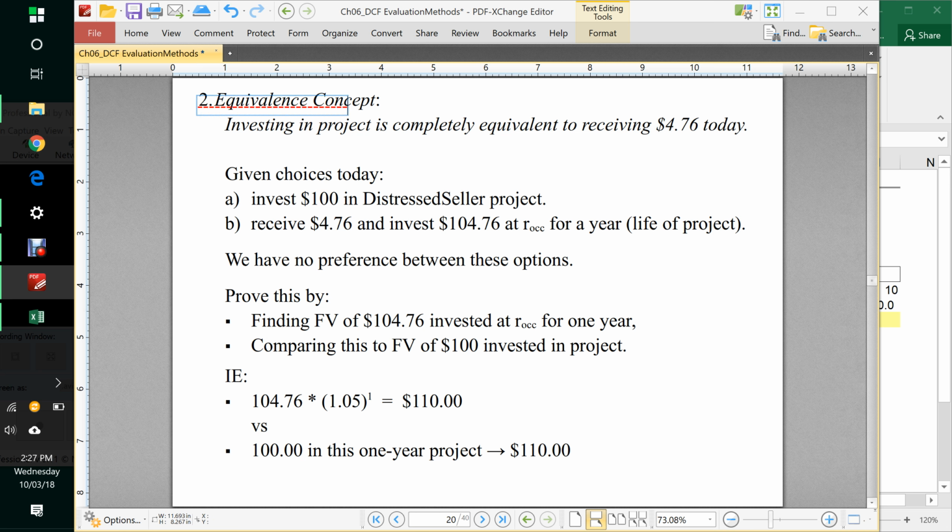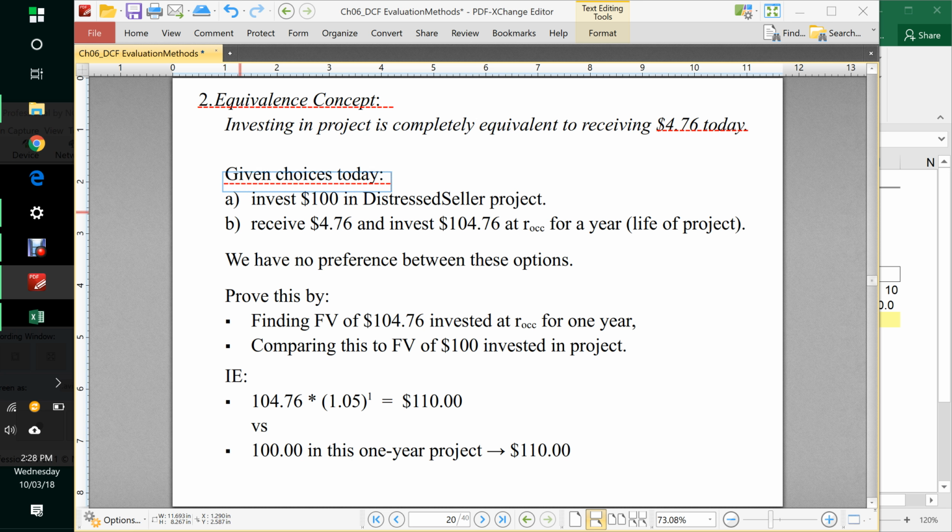Number two, the equivalence concept. The equivalence concept says that investing in a positive NPV project is completely equivalent to receiving that $4.76 today. This is really true. It's a little tricky to think about, so let's go through it. The way you've got to think about it is to consider two choices today.